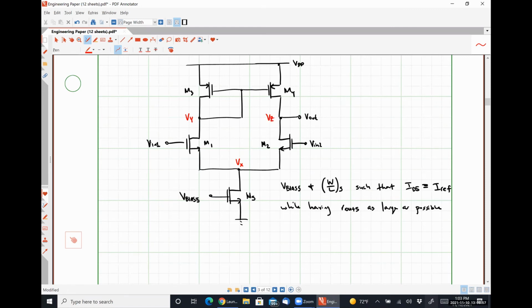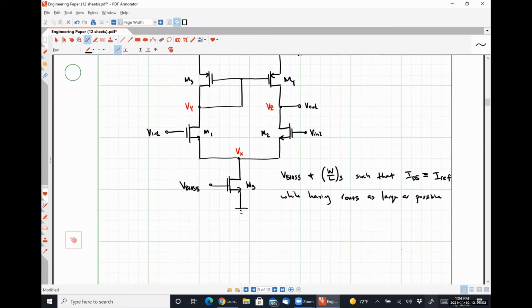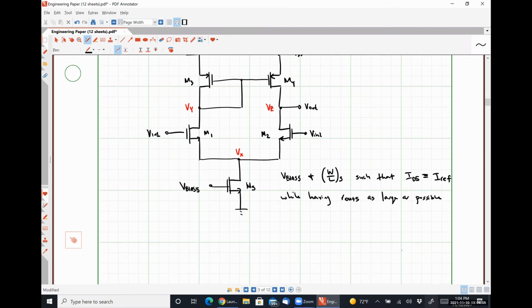All right. So for our large signal analysis here, we are going to specify an input voltage.